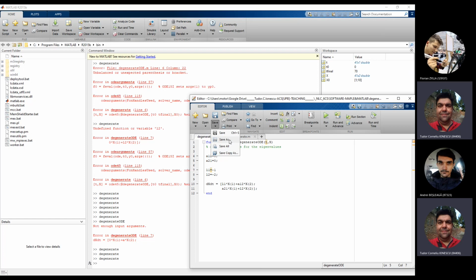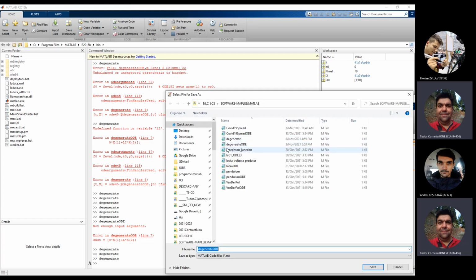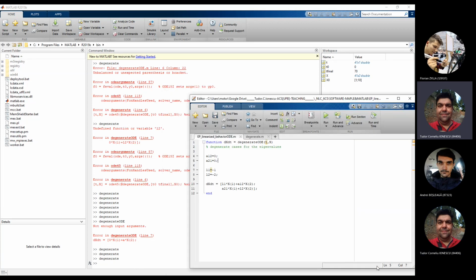So you can do this save as equilibrium point linearized behavior ODE. Okay. And I think we have to use this because MATLAB hates minus, right? Okay, and you call this what?